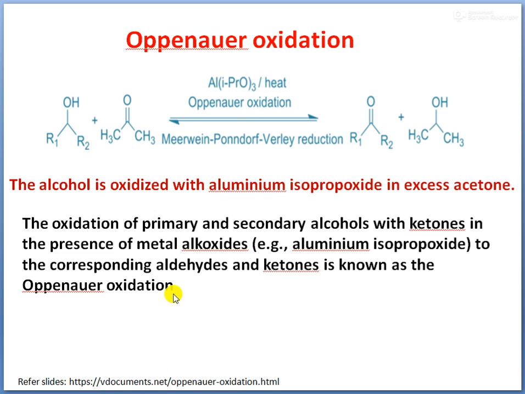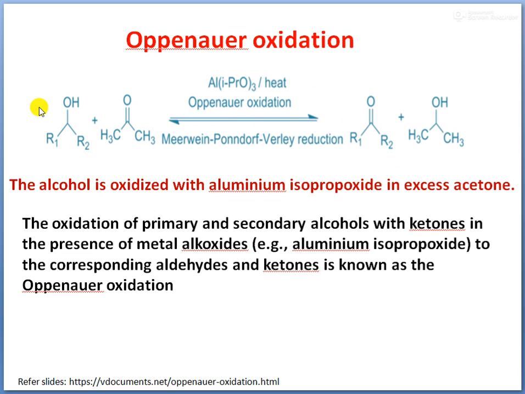Then we discussed the Oppenauer oxidation, which is just the reverse of the Meerwein-Ponndorf-Verley reduction, the MPV reduction. In this Oppenauer oxidation process, an alcohol is oxidized with aluminium isopropoxide in excess acetone. So you get an alcohol being converted to a keto group.